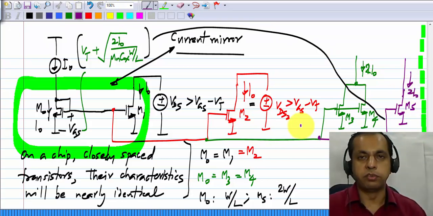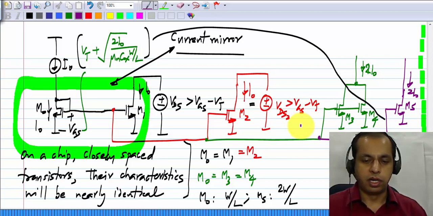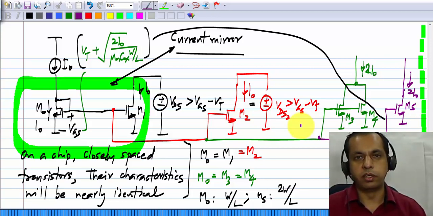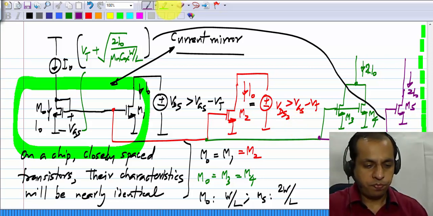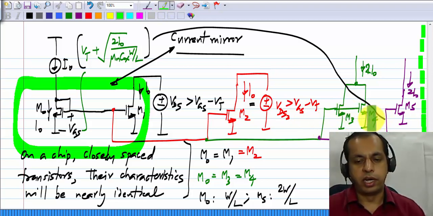So by scaling the width of the transistor, you can also scale the current, and there is really no difference between the two. You can think of tying multiple devices together as scaling the width by an integer factor.